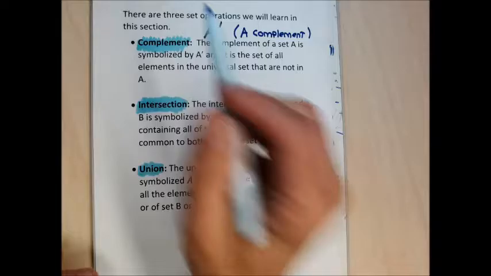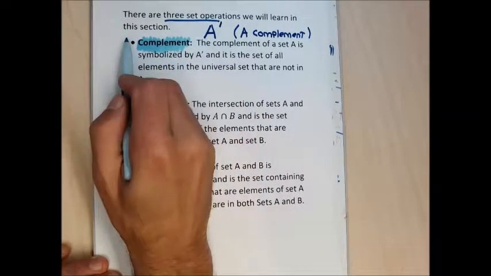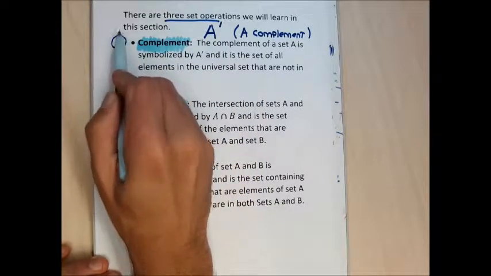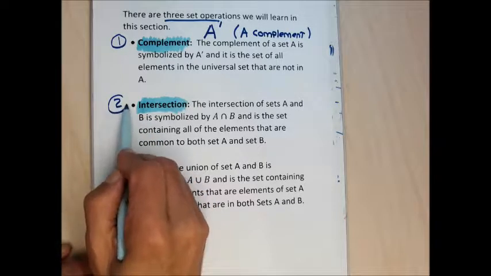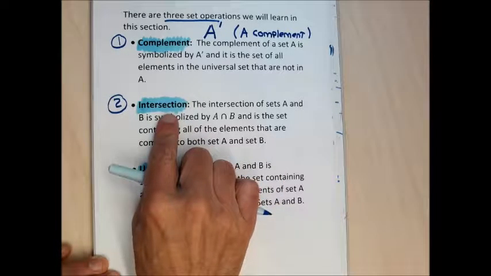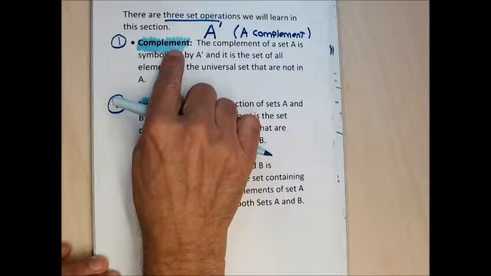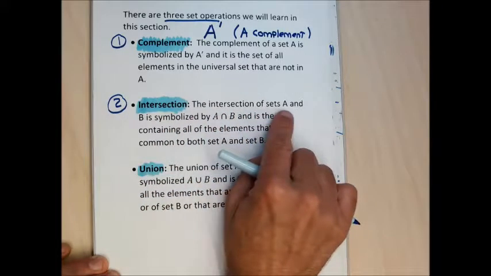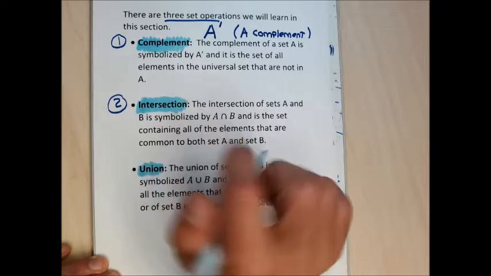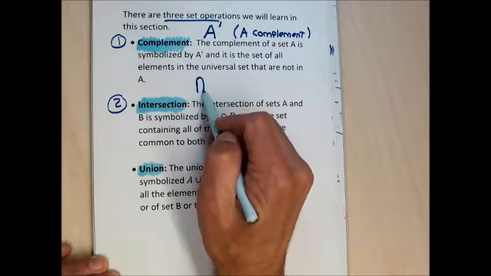So there's 3 different operations that we're going to do with sets. The first of the 3 operations is complement. The second of the 3 operations that we're going to learn is intersection. The complement refers to just the complement of a single set. The intersection is joining 2 sets together. So the intersection of sets A and B is given by the upside down U symbol.